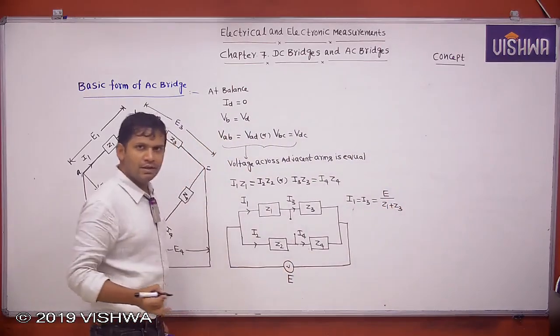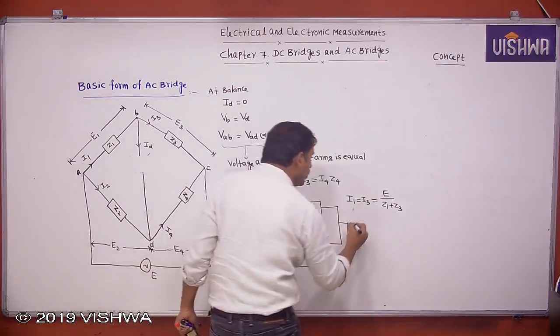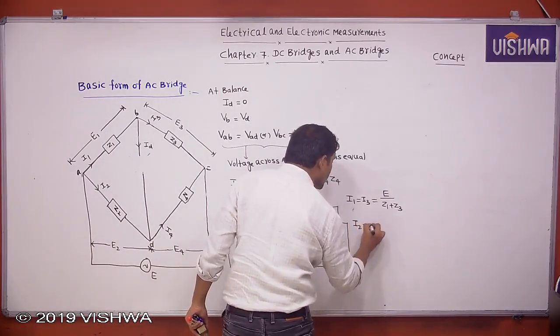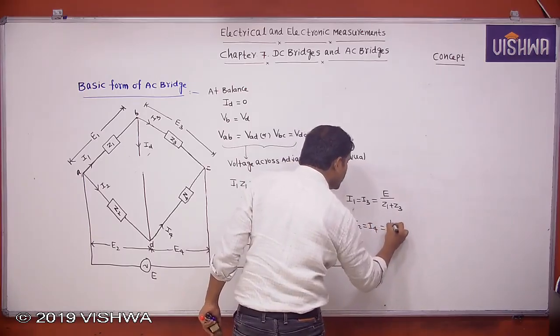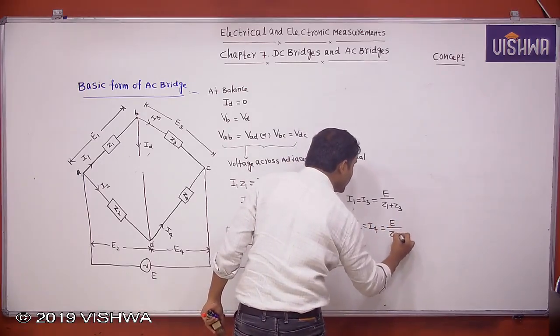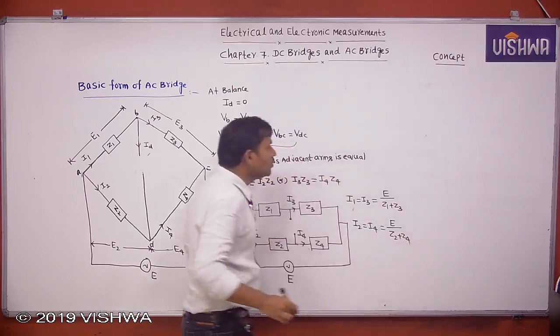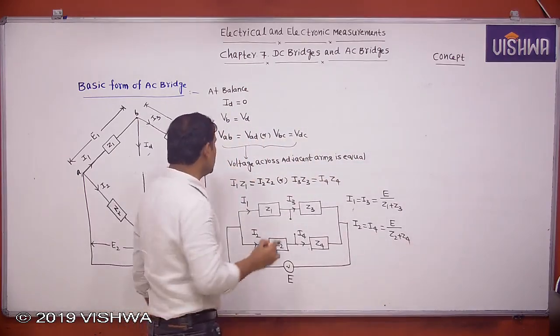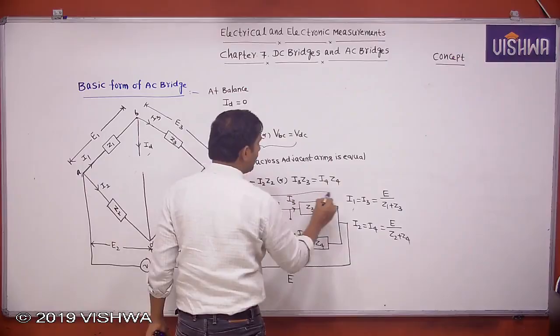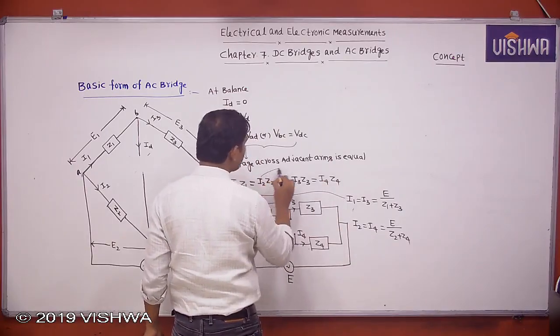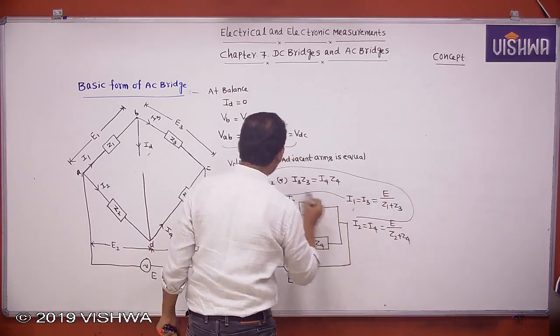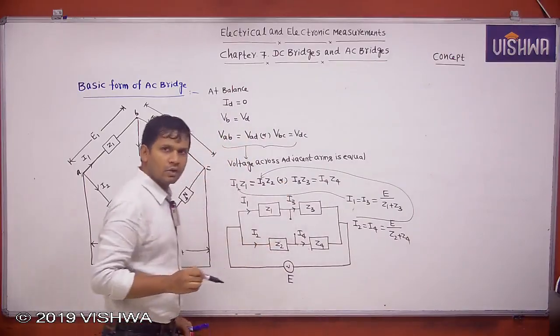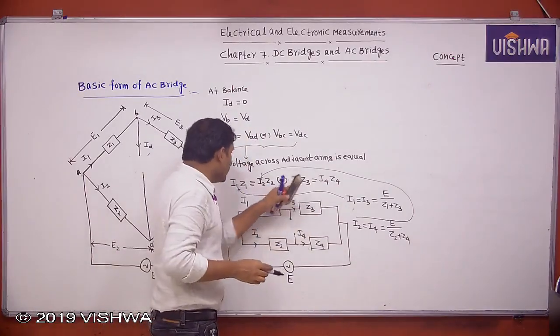Similarly, I2 equal to I4 equal to E by Z2 plus Z4.